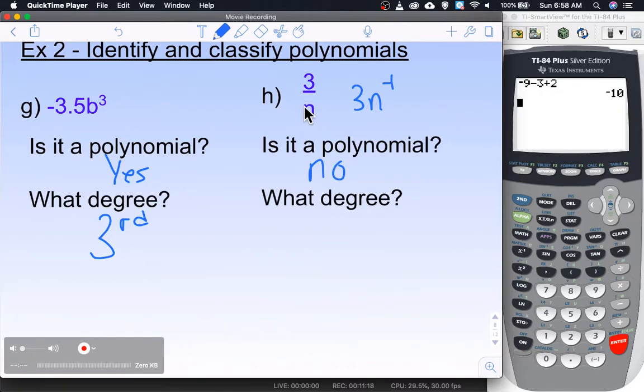Remember, if you have a denominator on the bottom, you can move it to the top by switching the power or the sign of its exponent. Well, we know we're not allowed to have negative exponents. That's really what this is. And the reason why we're not allowed to have negatives is because it puts your denominator on the bottom. So no, it is not allowed. We are not allowed to have a variable in the denominator of our fraction.